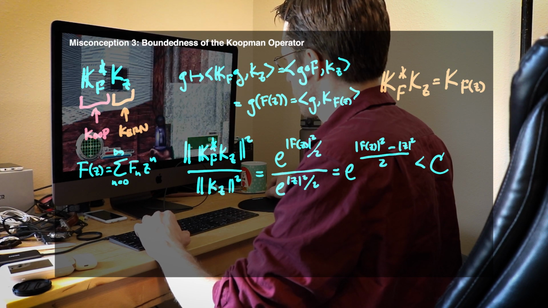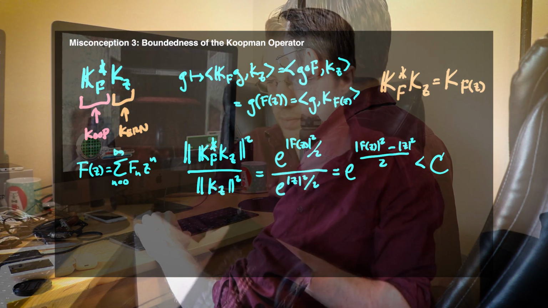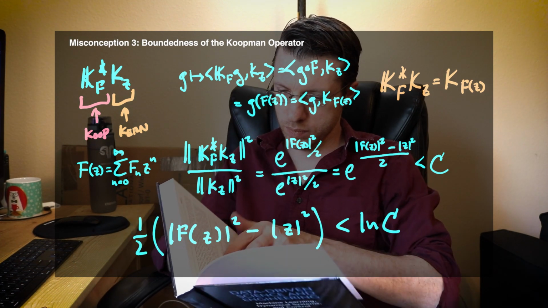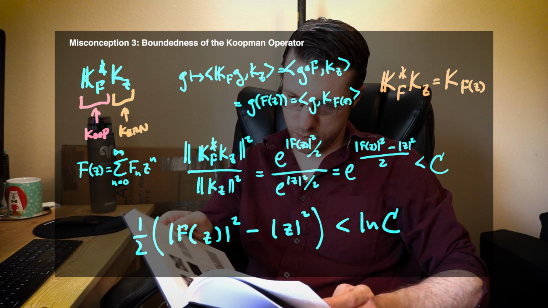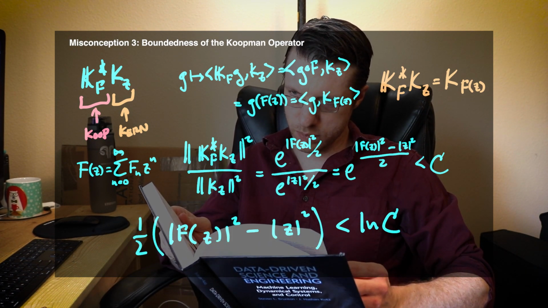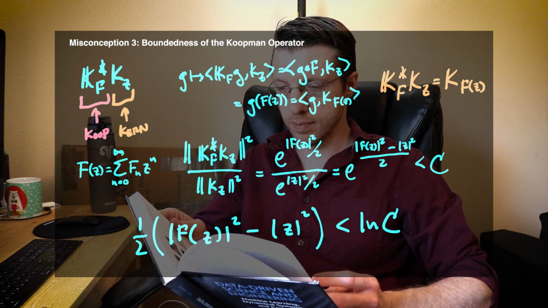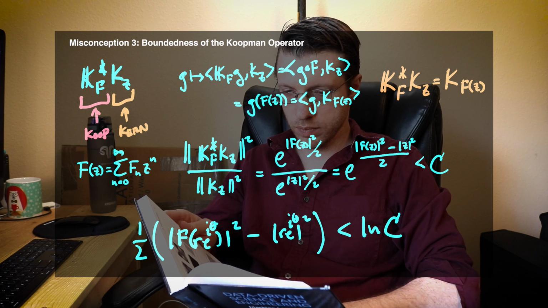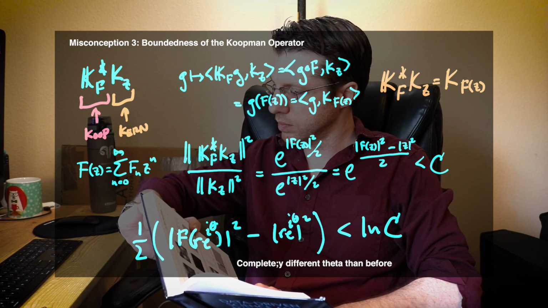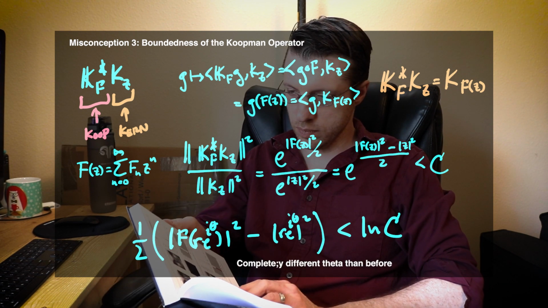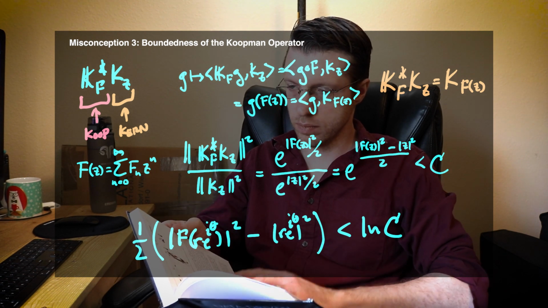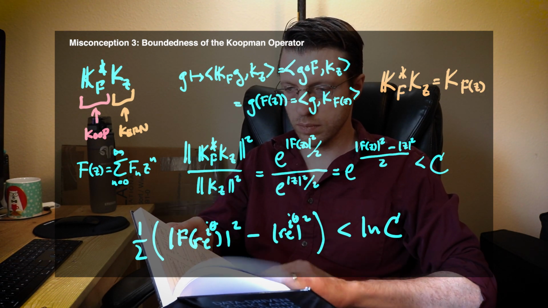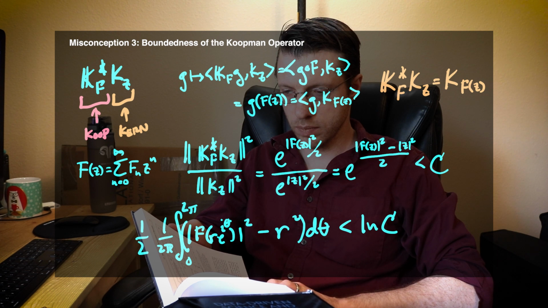So what I'm going to do now is take the logarithm of both sides. So on one side I have this difference of f and z squares divided by 2, and on the right hand side I have the logarithm of c. And I'm going to change z to its polar form, so it becomes r times e to the i theta. Now this is an arbitrary Koopman operator, so we're not really concerned with fixed thetas and all that anymore. This is just a variable. And so now I'm going to integrate this quantity from 0 to 2 pi d theta, and divide by 2 pi.